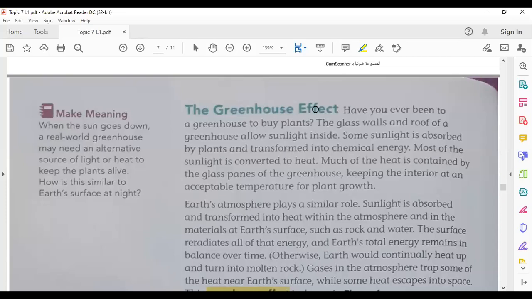It also prevents the ultraviolet from coming to the plants. Not like this, not like this. It's like gases. The gases found in the atmosphere act like these greenhouses.